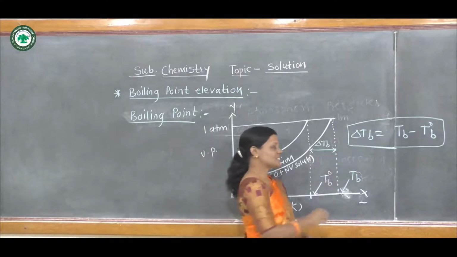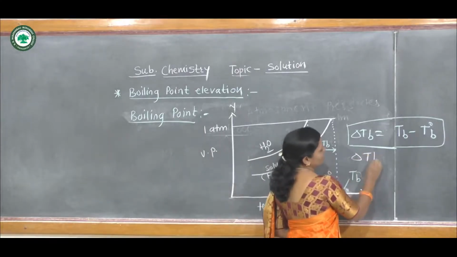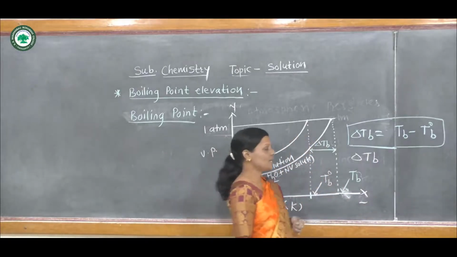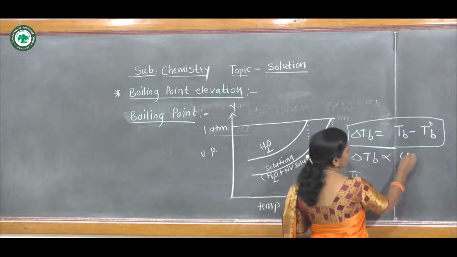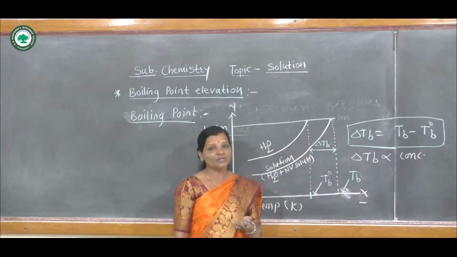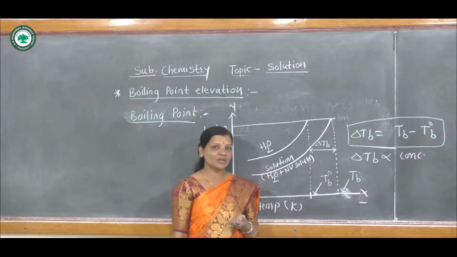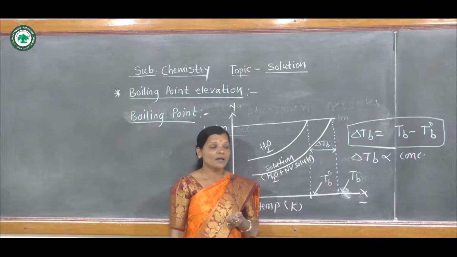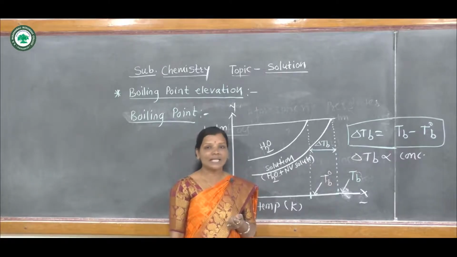So we can say that this delta TB, that is, the elevation in boiling point of the solution, is directly proportional to the concentration of the solution. Now we know that concentration is expressed in terms of molality, but here we have to consider the concept of molality. Why is molality considered?